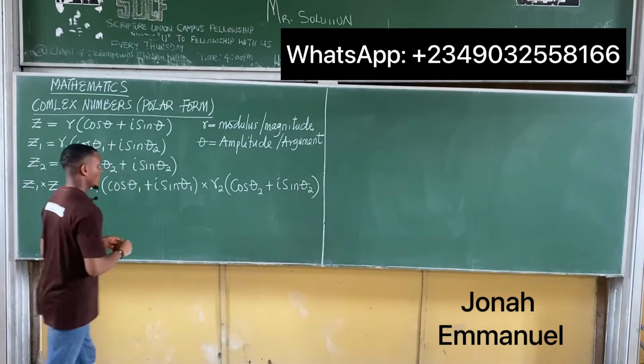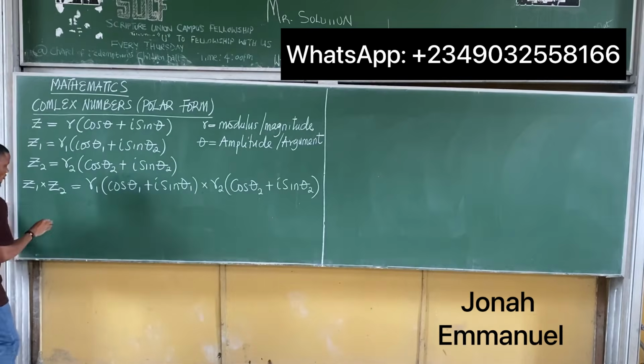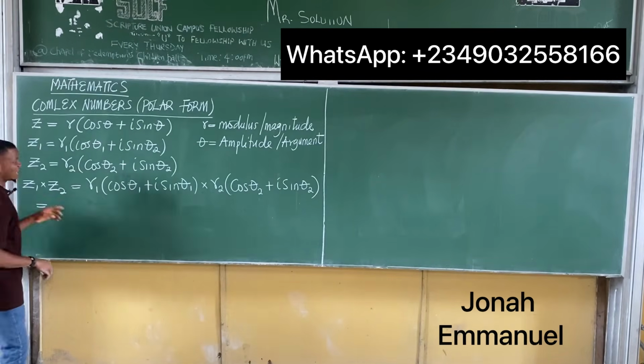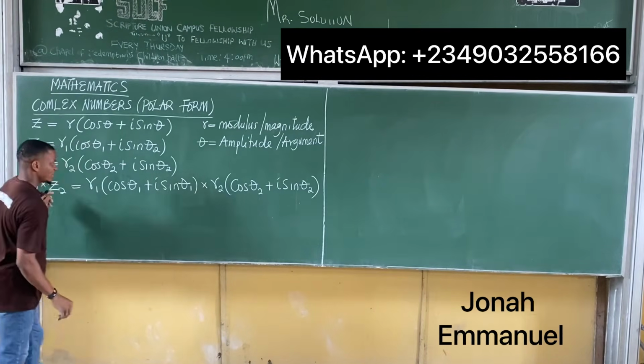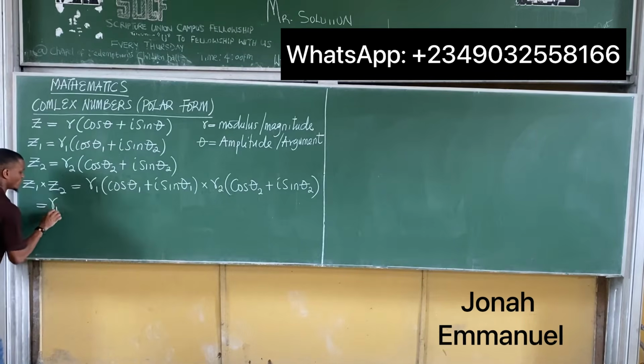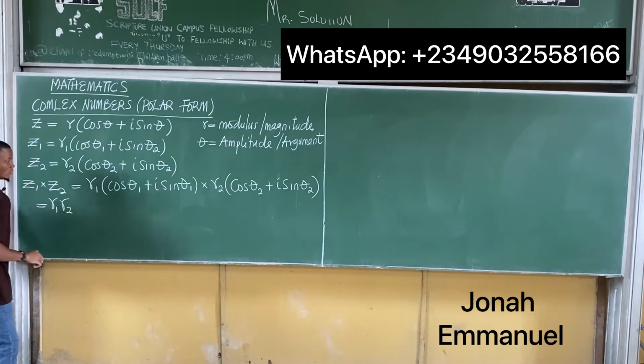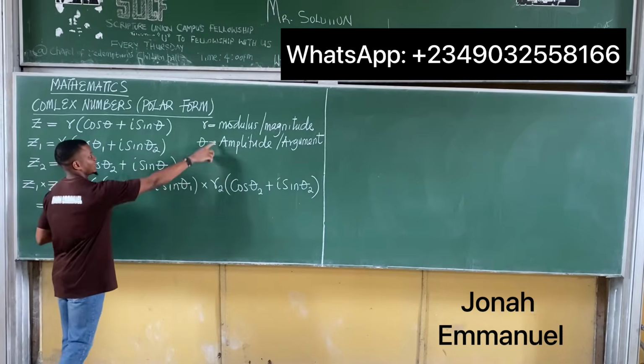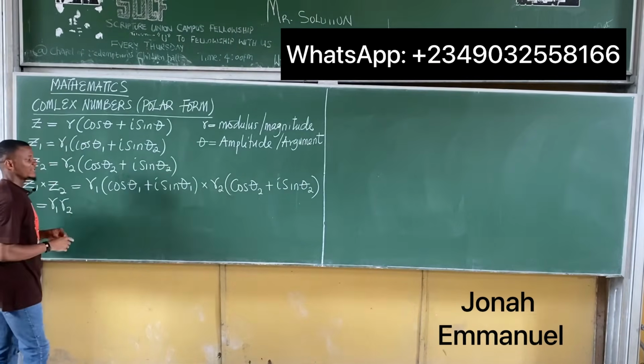So if I multiply this, what do I get? First things first, I'll be having r1 times r2. That becomes r1 r2. So I'm done multiplying these ones here. That's the modulus.